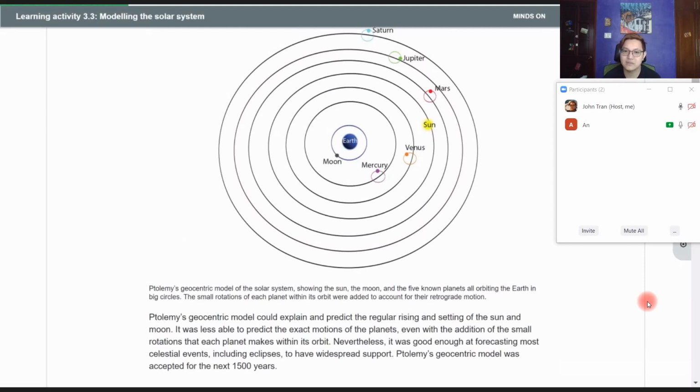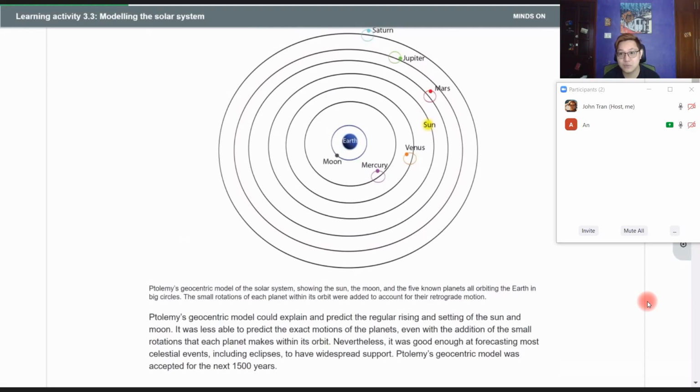Galileo, about 50 or 60 years afterward, realized that Copernicus' idea was correct. He tried to protect that idea, but the church hated him so much. They tried to prosecute him because they thought it was witchery.